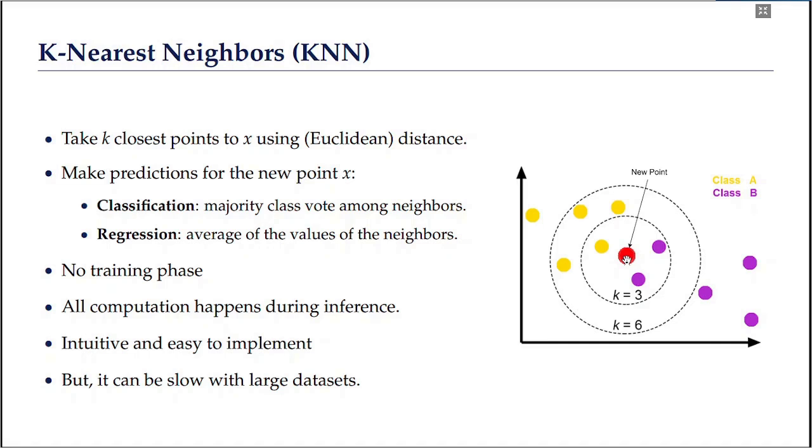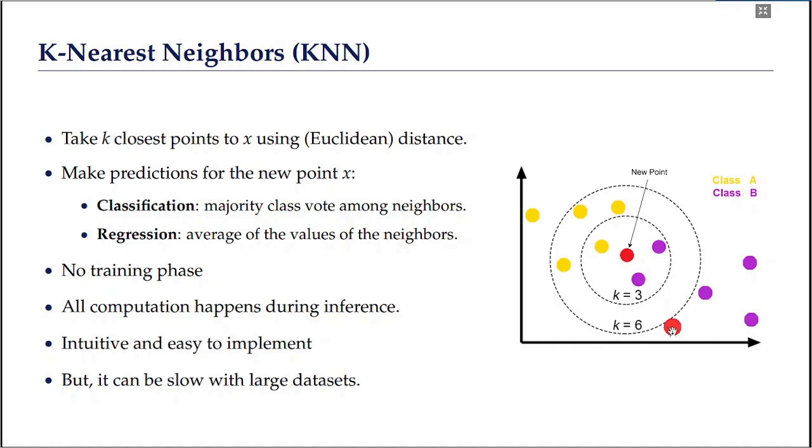Then considering the 3 nearest points, since it is a classification problem, majority vote will be considered. So this red point would belong to the purple class. Now if we consider 6 neighbors, in that case, this red point would belong to the yellow class.